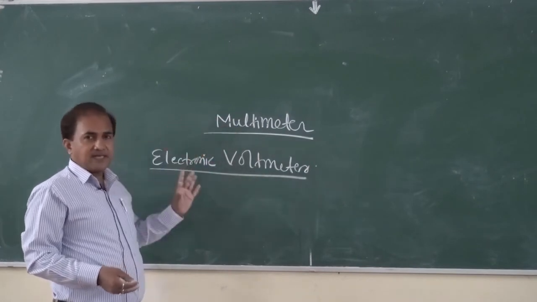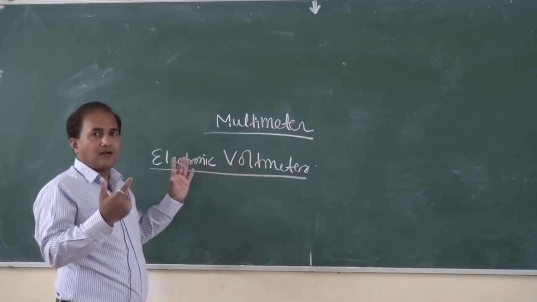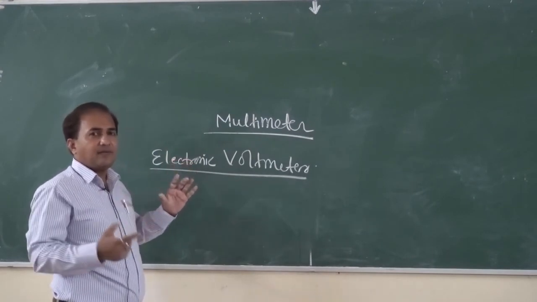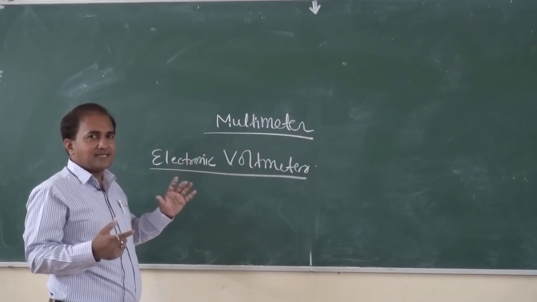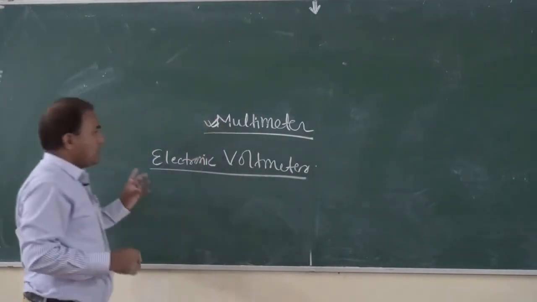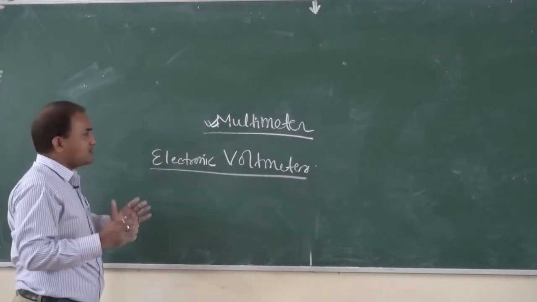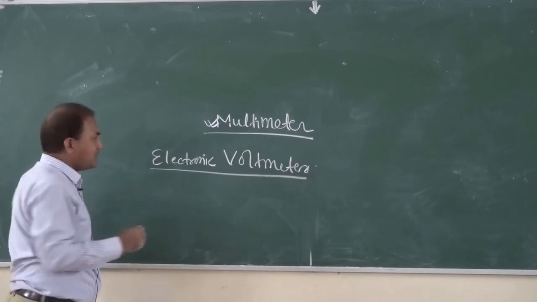By using a PMMC meter, we have seen how it can measure current, how it can measure voltage, and how it can be used for the measurement of resistance in the multimeter. Similarly, we can measure DC voltage as well as AC voltage by using an electronic voltmeter.